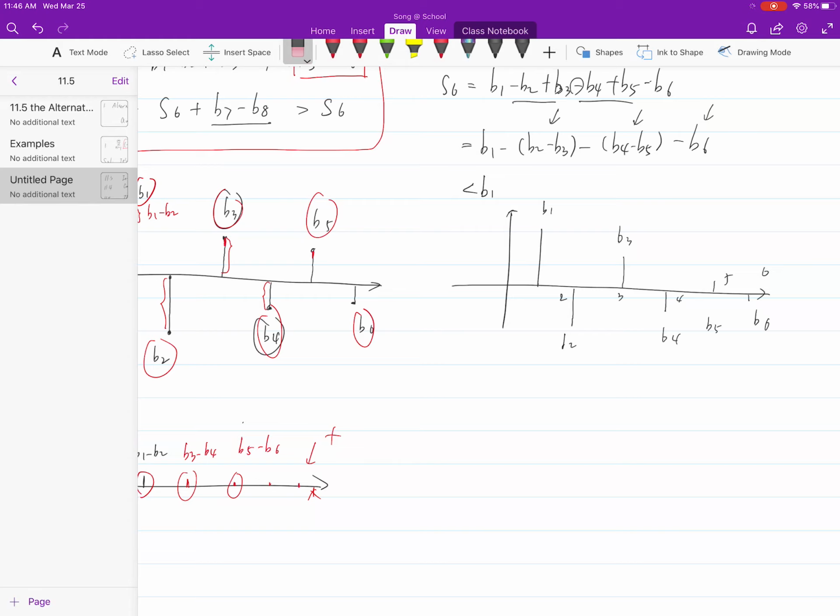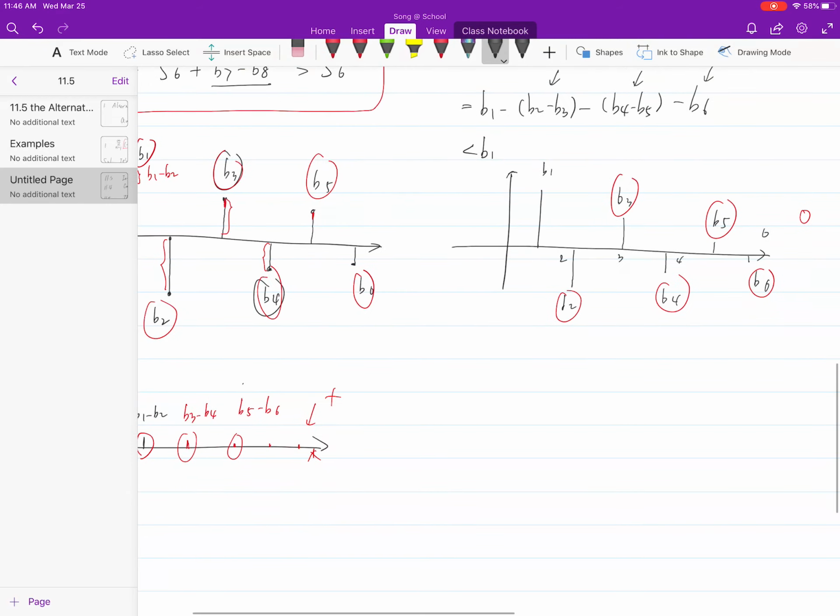This time, instead of grouping B1 and B2 together, I want to group these two together. I want to group these two together. I want to group B6 and B7 together. I didn't draw it. But then, what you have from here is B1.